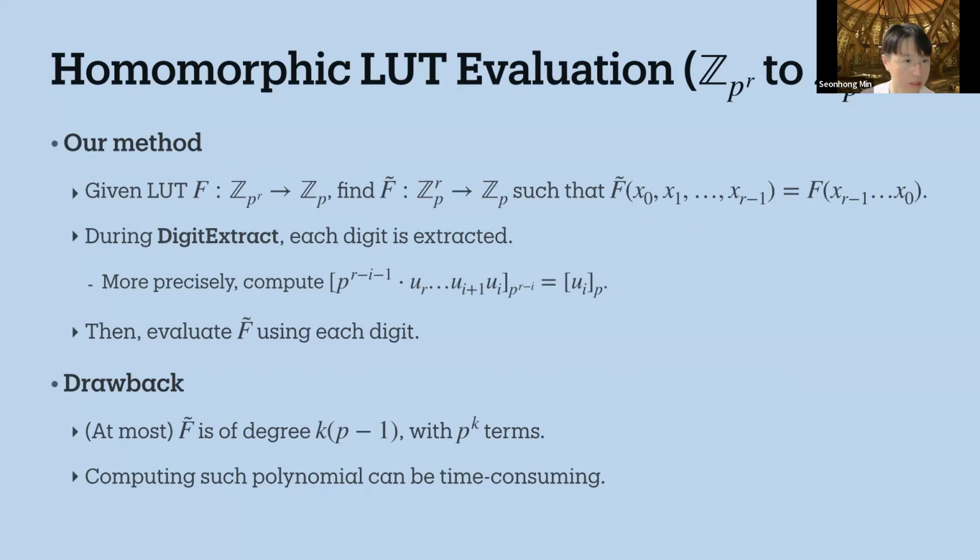So evaluating f is equivalent to evaluating such a multivariate polynomial f tilde. During the digit extraction step, since each digit is extracted, we can use those digits to evaluate f tilde, and finally we obtain f.